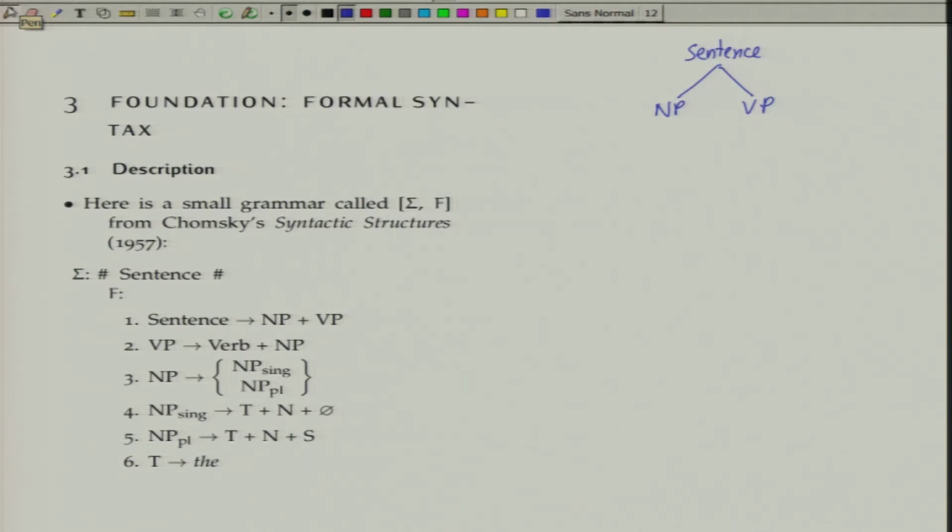After that, remember that we are going to make this sentence: the man hit the ball. We shall see how we can make it. Once again, it's a singular noun. So this rule I need, that is NP goes either to NP singular or to NP plural. Our NP goes to NP singular, and the VP goes to verb plus NP.